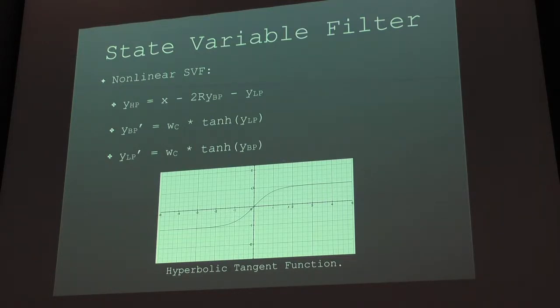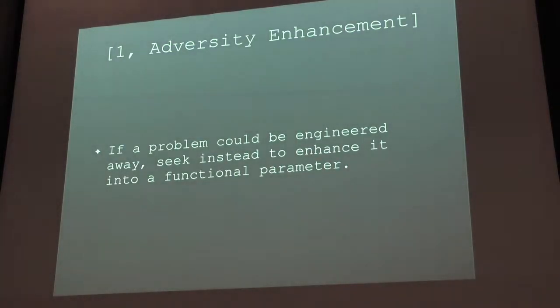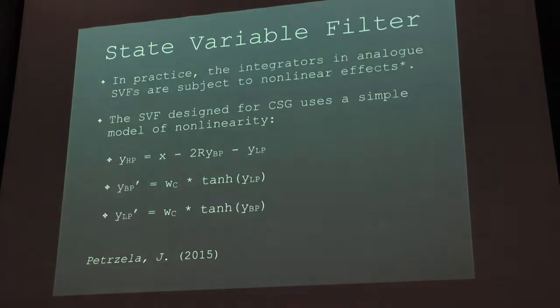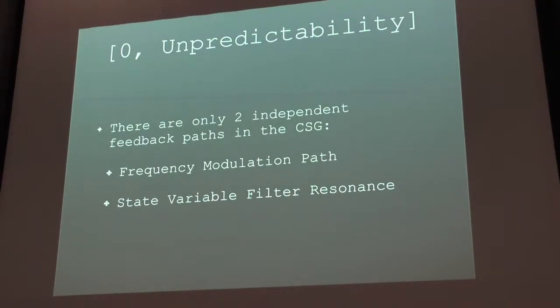So we'll hear that as you turn the resonance up, it gets very unstable, not in the sense that it blows up to infinity, but in the sense that the timbral sounds that you get are very moving constantly. They're just constantly changing.